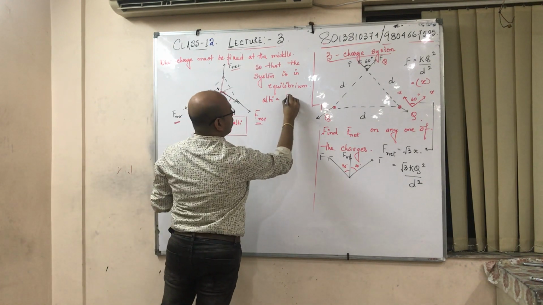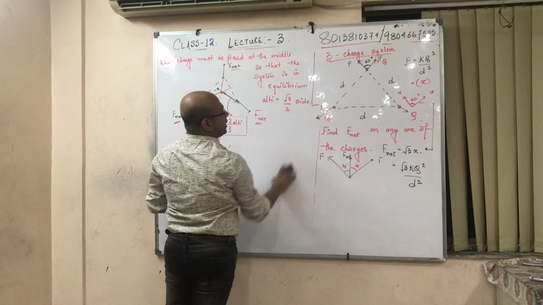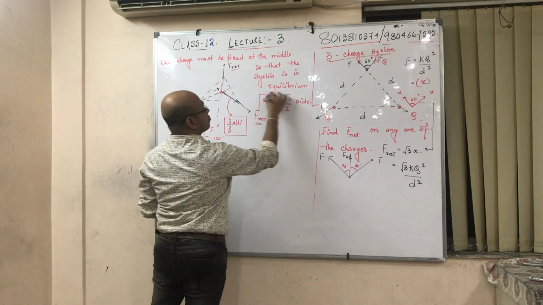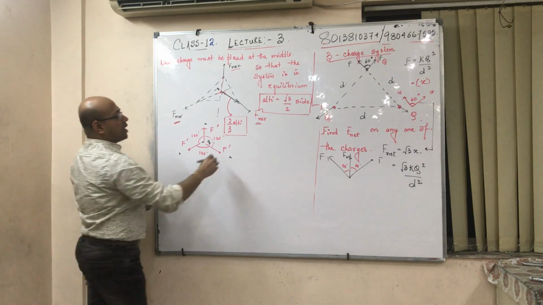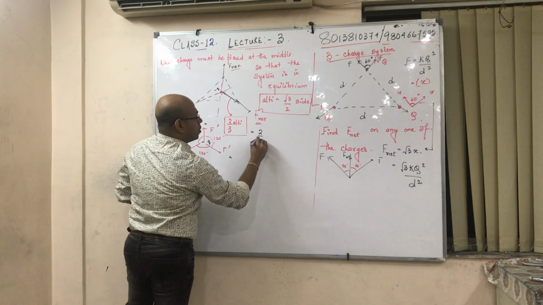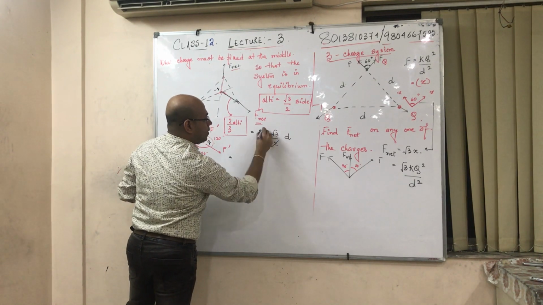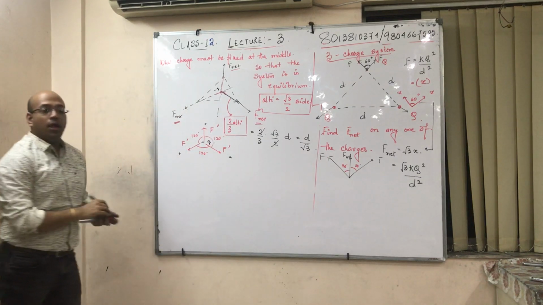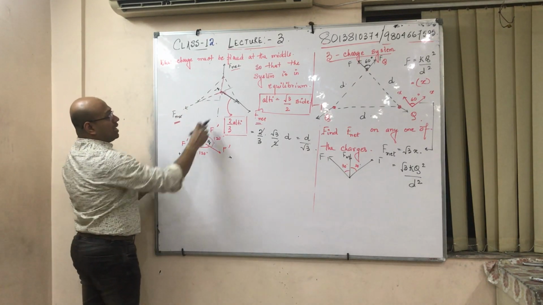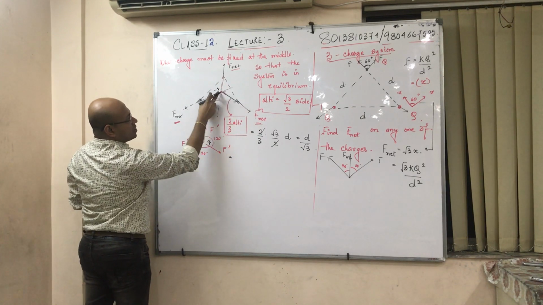Altitude is √3 by 2 times the side. So what does it come out to? It comes out to 2/3 into √3 by 2 into d. That comes out to d by √3.